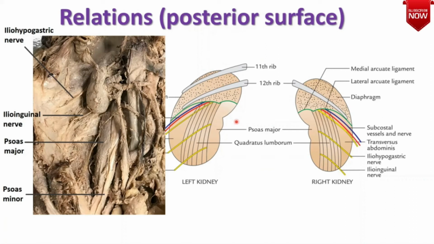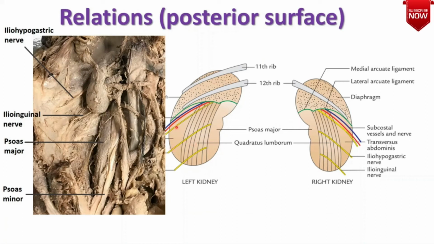In the lower part, there are three muscle relations from medial to lateral side. The most medial one is the psoas major muscle, covered by the iliopsoas fascia. Then quadratus lumborum muscle, covered by the anterior layer of the thoracolumbar fascia.